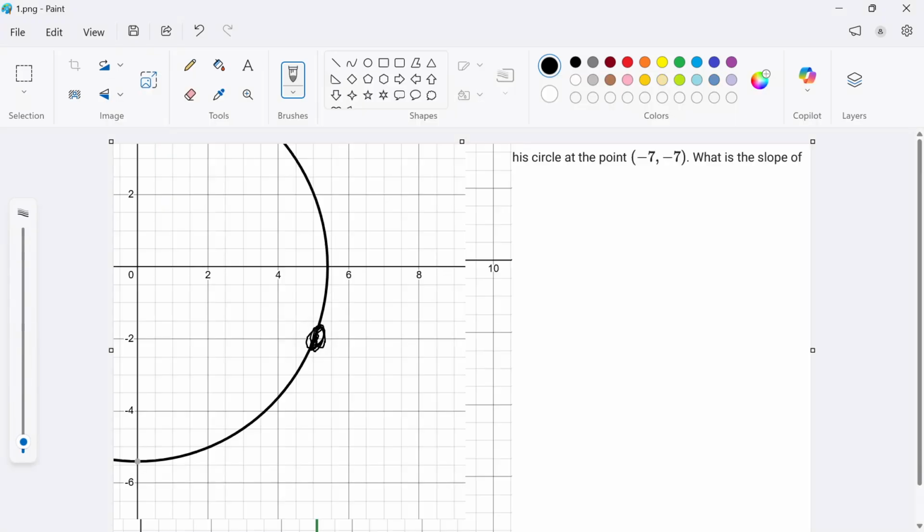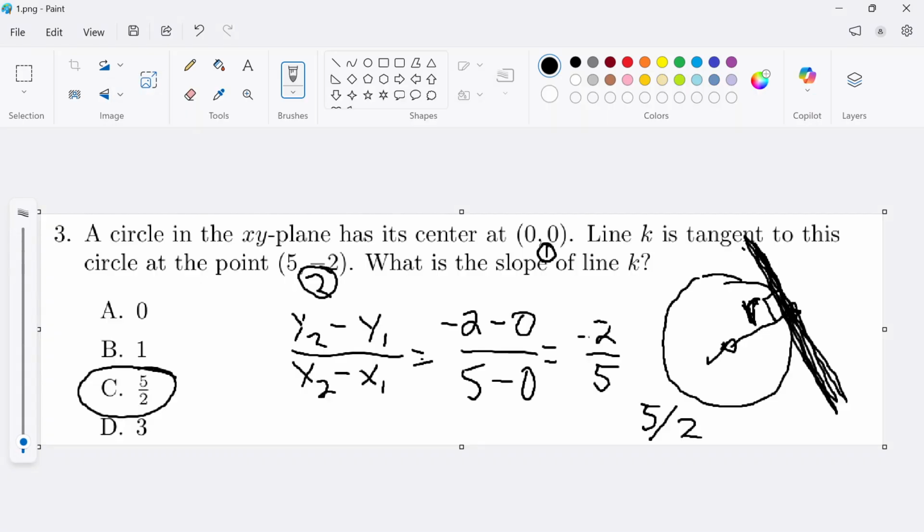Well, 0 would be the same point. That's not going to work. Okay, a slope of 1 means if I go over 1, I go up 1. Remember, it's rise over run. Well, does that work? No, because if I draw a line between those, it goes into the circle. It doesn't touch the circle at just one point. So that answer choice is out.